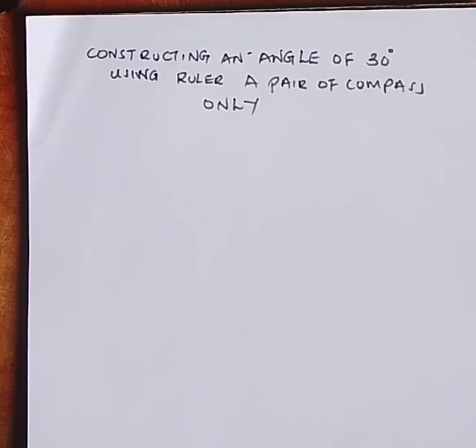I'm doing geometry, construction of angles, lines, perpendicular bisectors using a ruler and a pair of compasses only. So today we want to look at construction of an angle of 30 degrees using a ruler and a pair of compasses only.